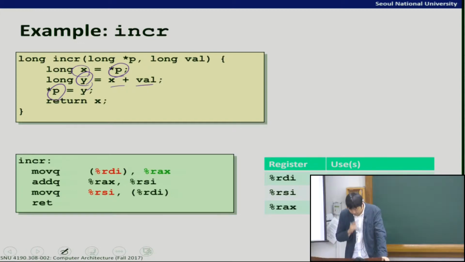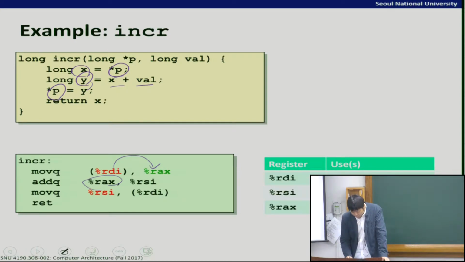If you see this function, it is very simple. It first moves the value at the pointer to the RAX register because it's the return value. Then you add this value to the RSI register, which holds the argument val.